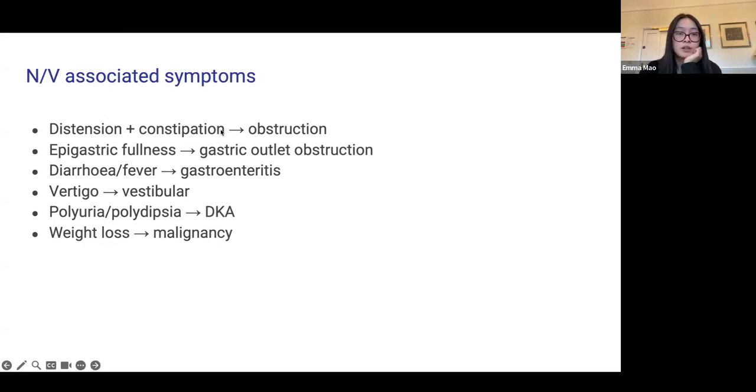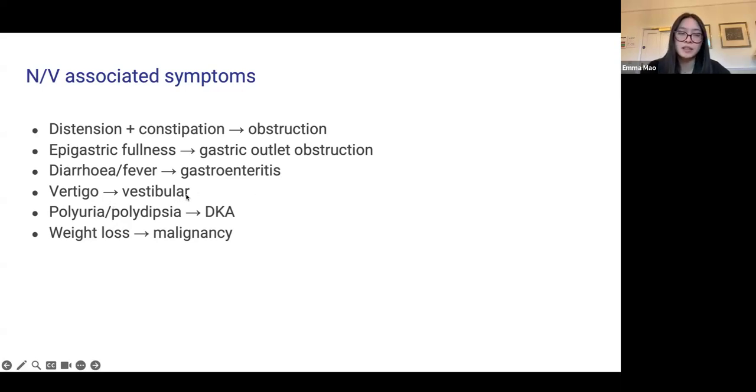If you have distension and constipation, it's really important to think about obstruction as an emergency. So with distension and constipation, ask if they've passed wind or not. If they feel epigastric fullness in particular, then there could be gastric outlet obstruction. Diarrhea and fever suggest an infection, so gastroenteritis.